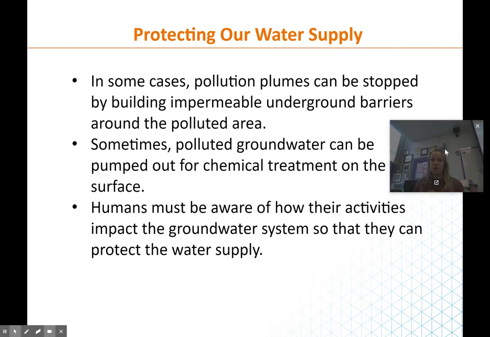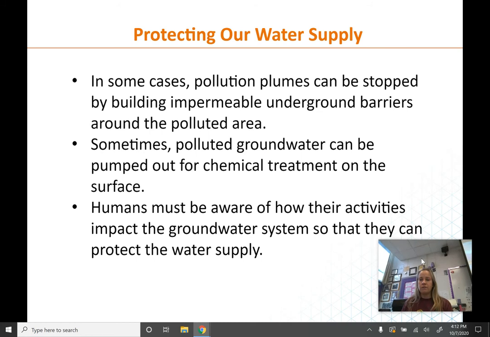All right. So things that we have done: we build impermeable ground barriers, which prevent, for example, a sewage area from leaking into the ground. Chemical treatment plants, we want to layer with something that helps protect that. But it's important that humans know what we're doing.